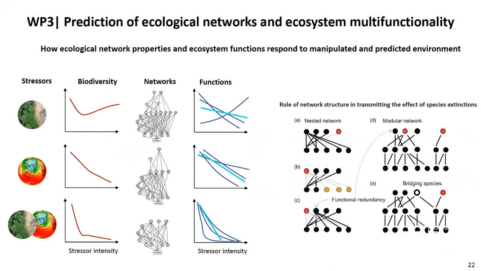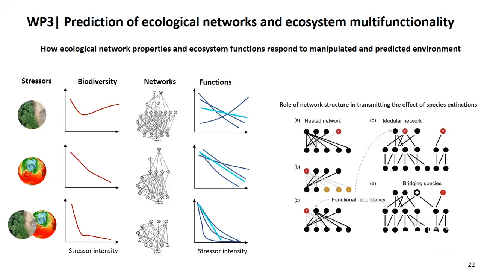And we will characterize the possible cascading extinctions and whether they propagate differently or not within the ecological networks. The propagation will differ according to the structure of the network, whether it is a nested or modular network, whether the extinct species is a specialist or a generalist, and finally, whether there is functional redundancy in the ecological networks.